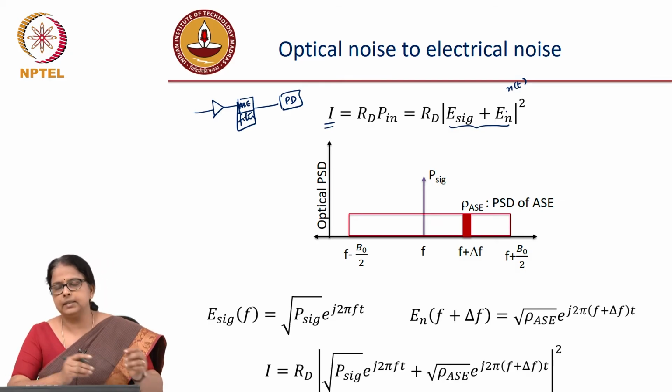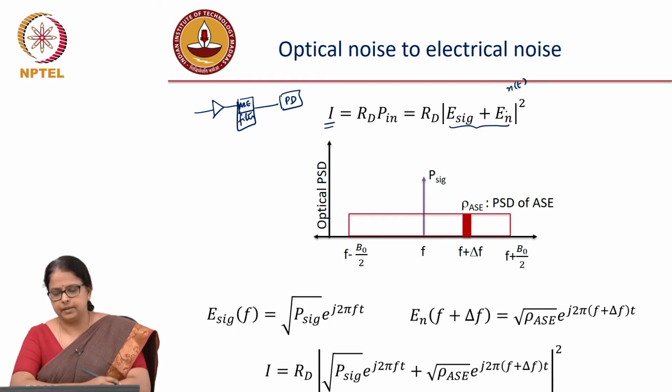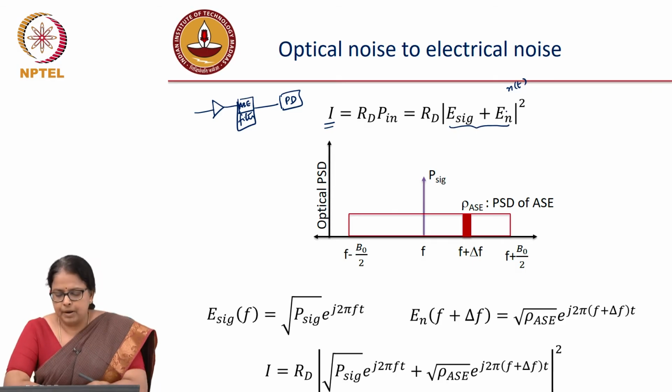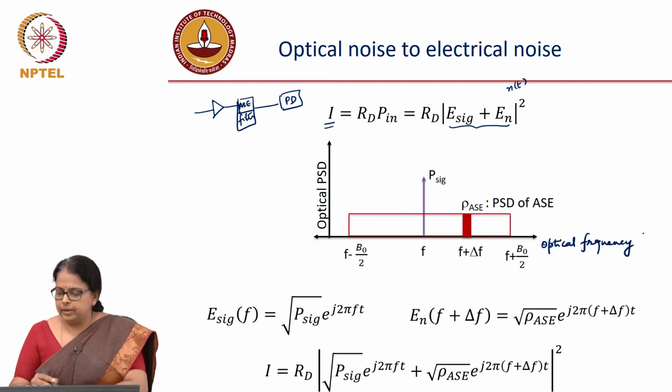Because E_n is wide band, there is a large frequency dependence. If you look at the plot, the power spectral density is on the y axis and the x axis is the optical frequency, just like I drew in the previous slide.